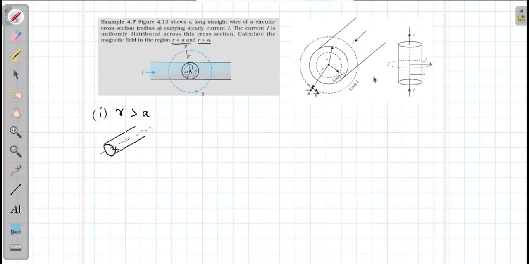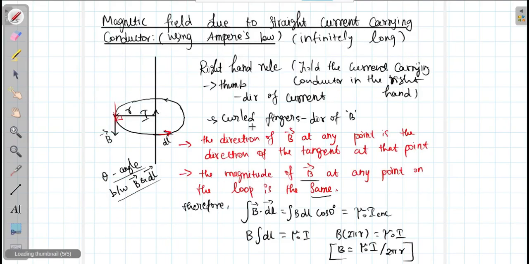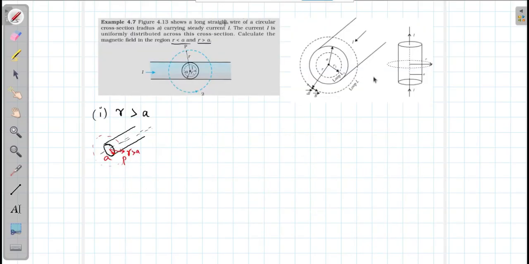The radius of the conductor is a. The point at distance r is located outside the conductor, from the axis, which is greater than a. At this particular point P, we are going to find the magnetic field due to the entire current carrying conductor. It is similar to the previous case. The same answer will come.